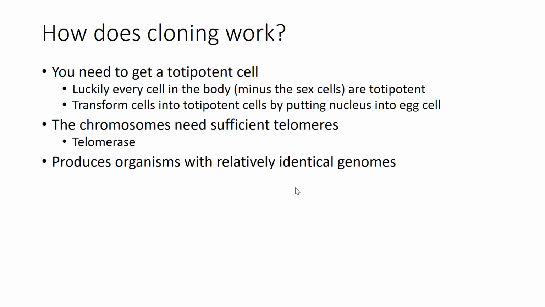And the reason I said relatively identical genomes is they're going to accumulate mutations that aren't exactly the same mutations that you accumulated. So if you're trying to clone somebody, again, from my previous example, that's in their 50s, you accumulated mutations in your cells, or even in the early embryo, that were then propagated and passed down.